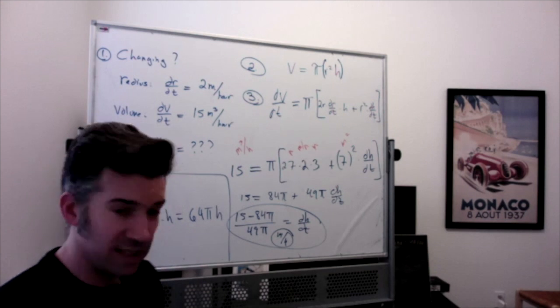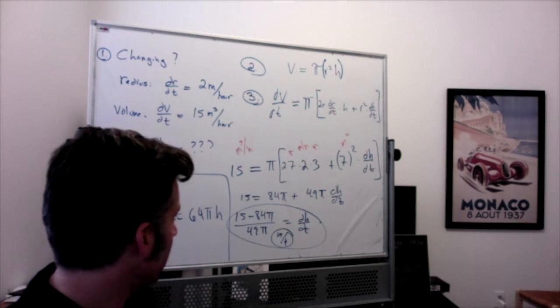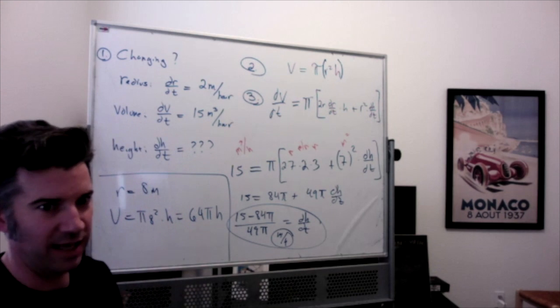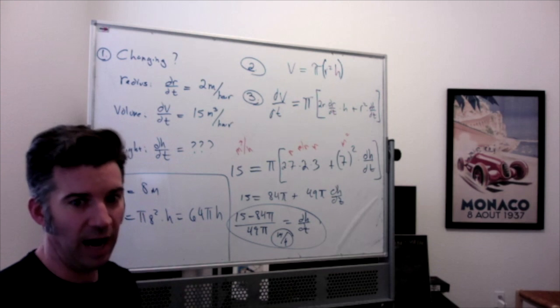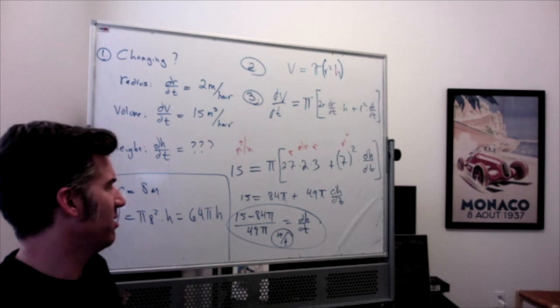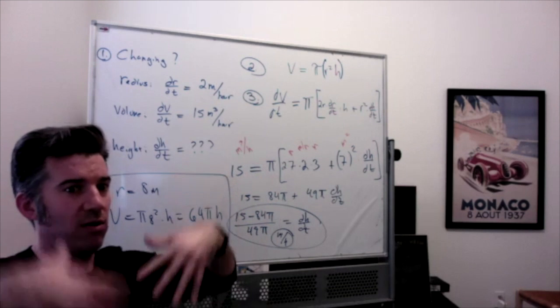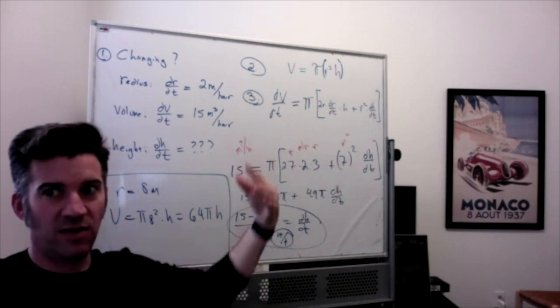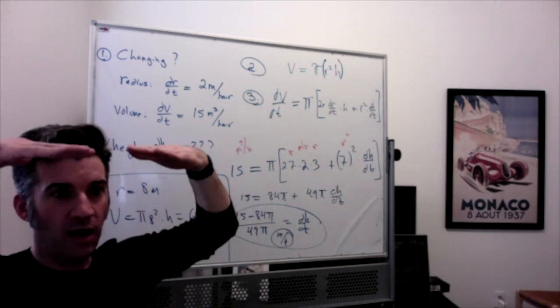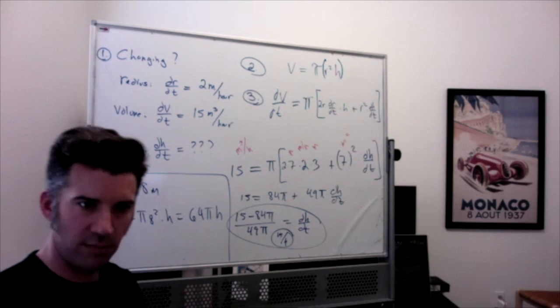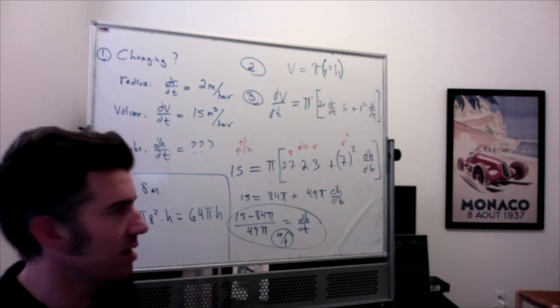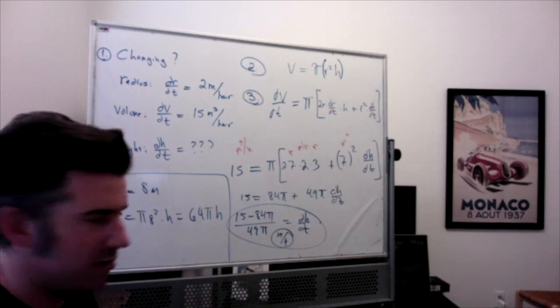You get about negative 16. So what's happening here is the height is decreasing at 16 meters per hour at this particular moment, which again makes sense because the radius is so large that even though we're filling it with water, it's expanding faster than the water is able to bring it up. So hopefully that makes some level of sense. This is kind of a strange problem, but it works.